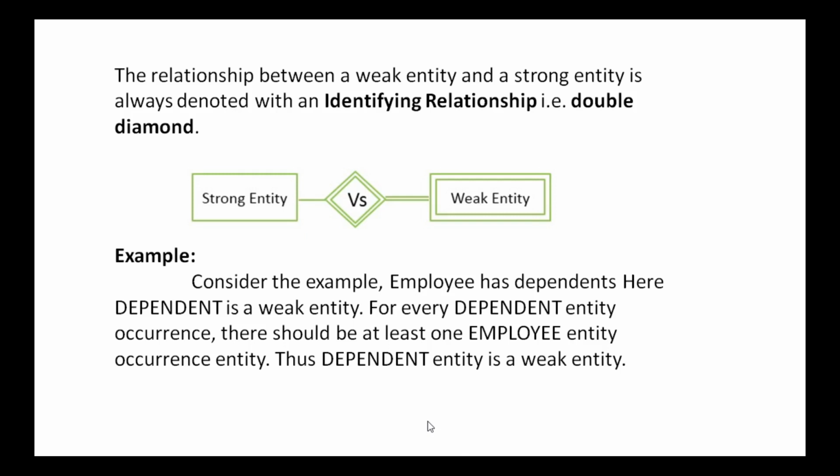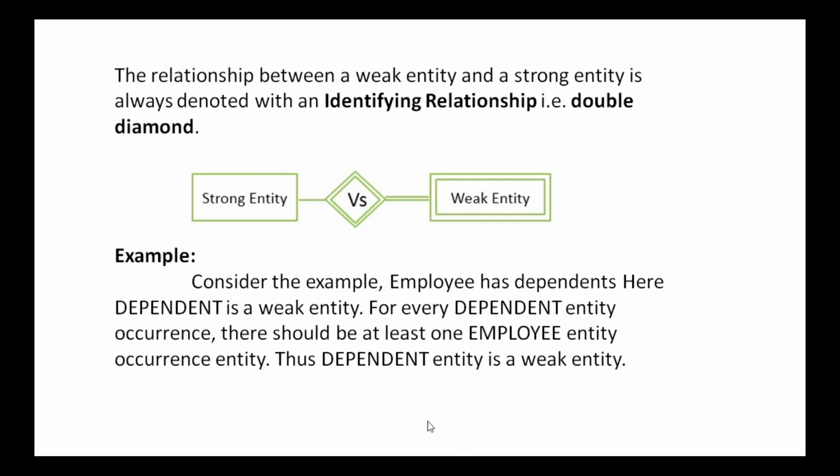Just look at this diagram. The strong entity is represented by a single rectangle and the weak entity is represented by a double-walled rectangle, and the strong entity and weak entity should have an identifying relationship.